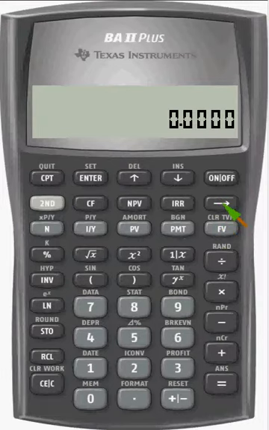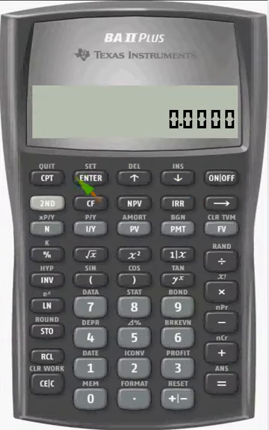This one is the correction button. If you input a number wrong, you can push this button once to delete the last digit you input. IRR, internal rate of return. NPV, net present value. CF, cash flow buttons. You can use the CF button and the up and down arrow buttons to input the cash flow information.